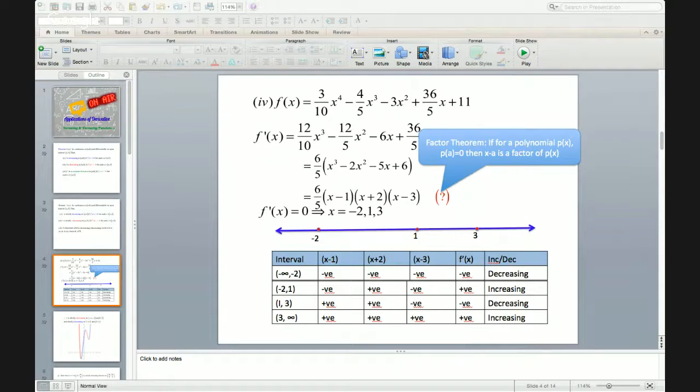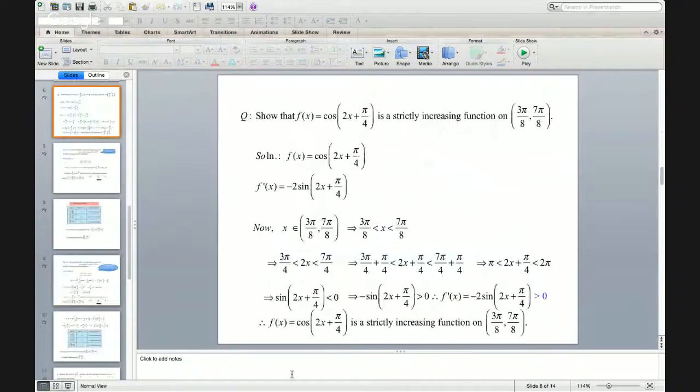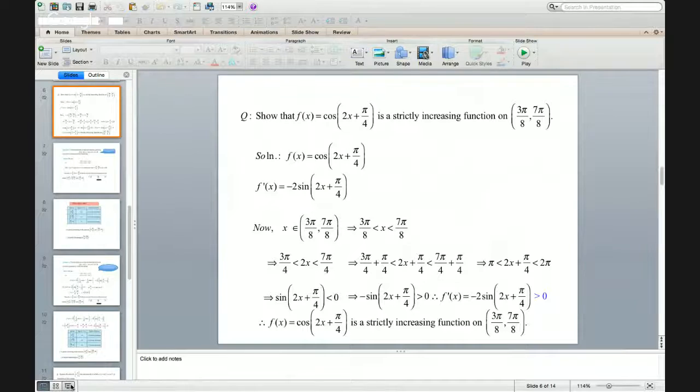The slide hasn't come yet. It's not showing again. There is some issue today. Yeah, it's there now. So I'm just going on full screen. It's not full screen, it's just normal.